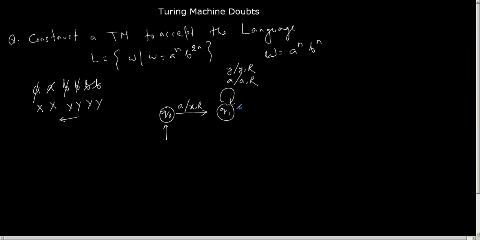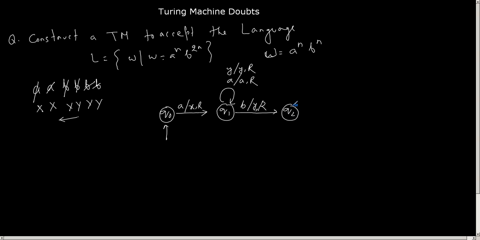Okay, so for the leftmost B, what will happen? For the first B, I'll mark it as Y and move towards right, Y comma R. And my state is Q2.